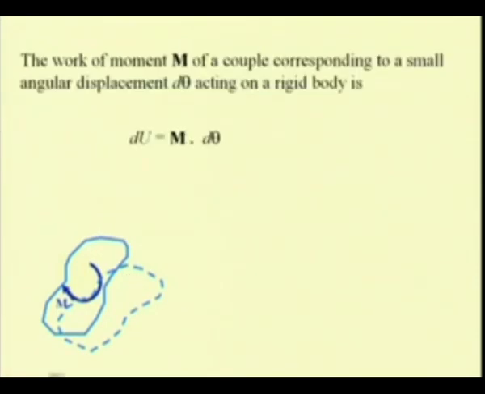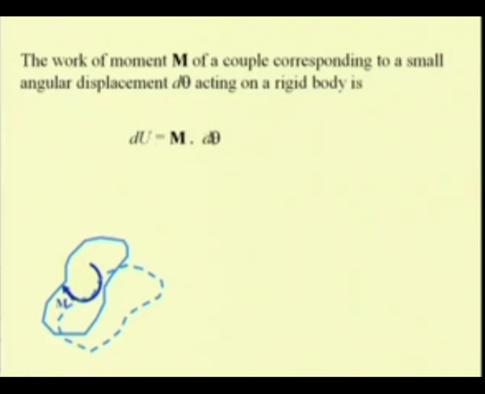So, in case of planar motion, if we have this moment acting on this rigid body, then this object tends to rotate because of the application of this moment, and it takes a new position. The work done by this moment can be computed as follows.